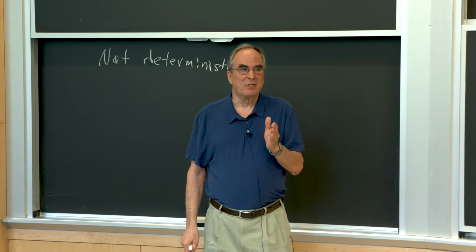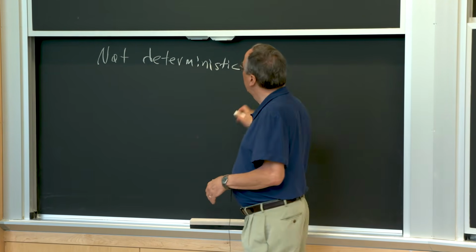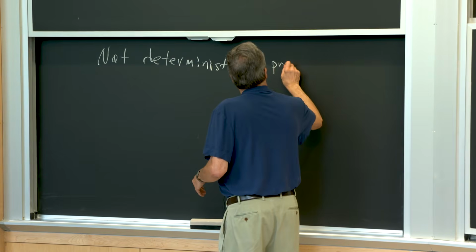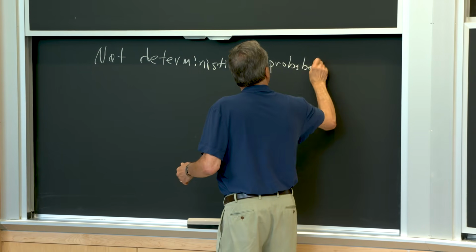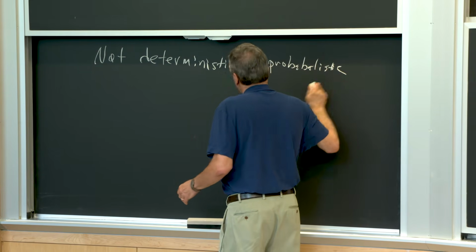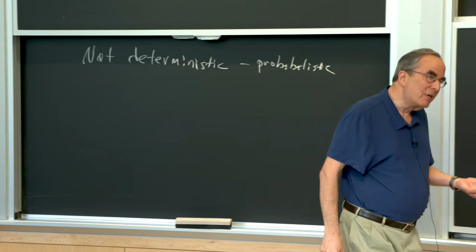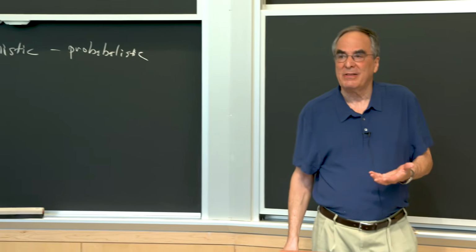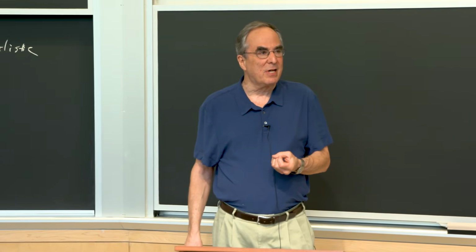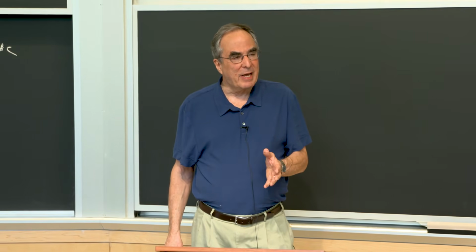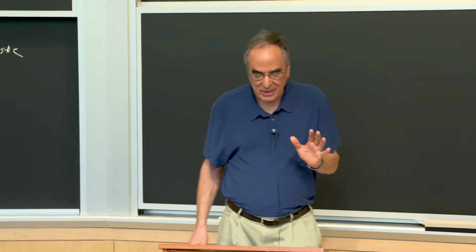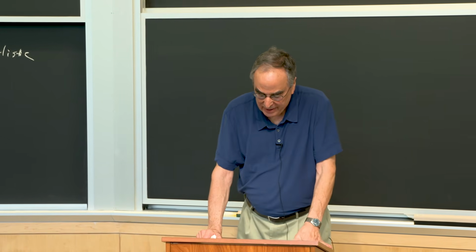You don't get the same result. It's probabilistic. And that should bother you. Because if you do an experiment carefully, you're trained to think that you'll get the same result. But quantum mechanics says, tough luck. You can't do an experiment that carefully.